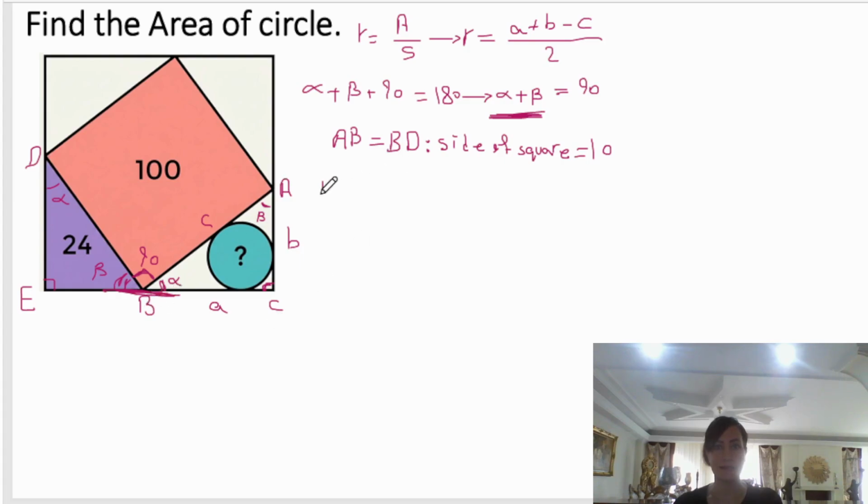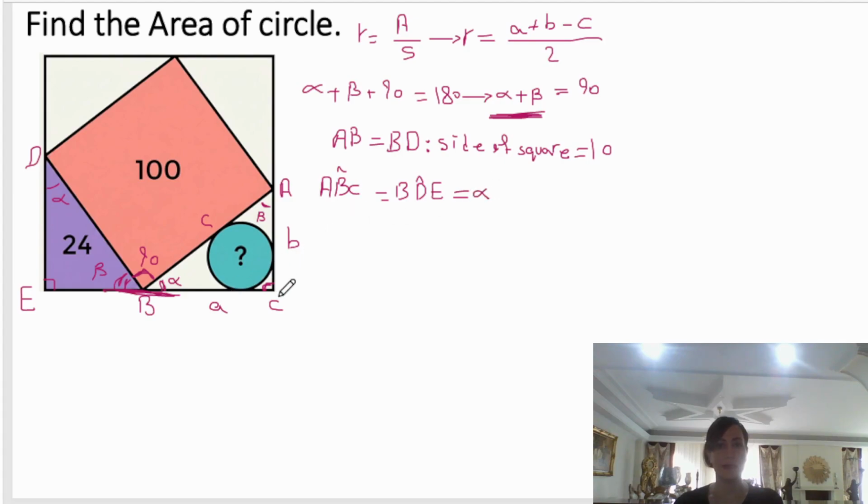Anyway, here in triangle ABC, the angle ABC, which is alpha, equals the angle BDE. The angle BDE, which is alpha.